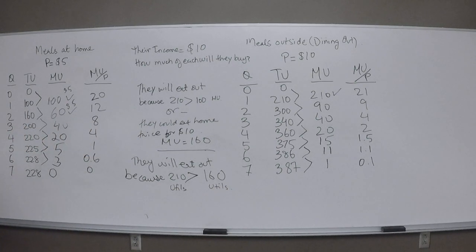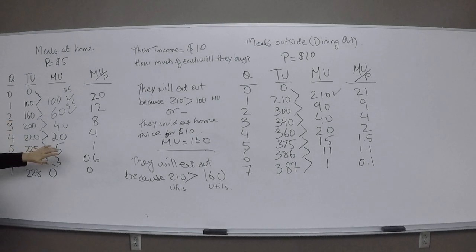Questions? Why don't you take the marginal utility per dollar into account? Yeah, I was also considering that. If you take marginal utility per dollar into account, for the first quantity here it's 21, and the first quantity here is 20, and the second quantity here is 12.